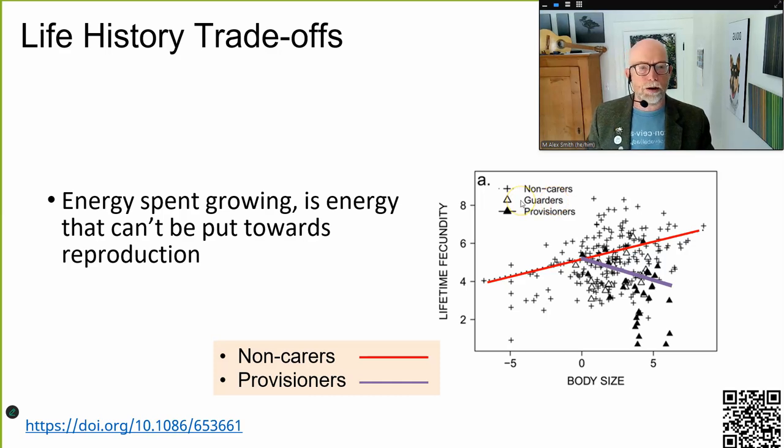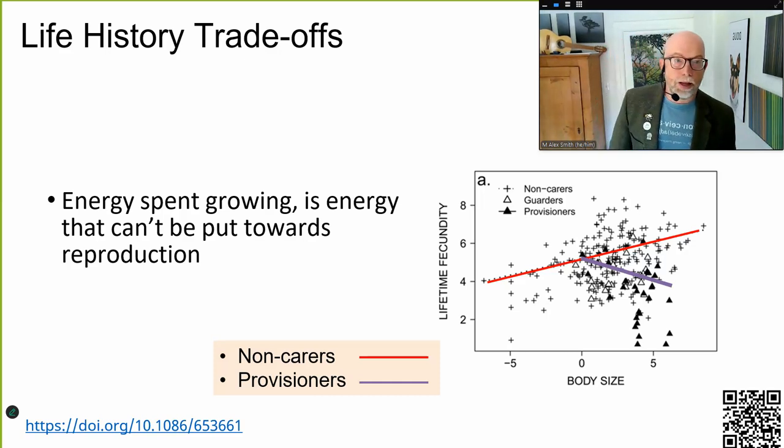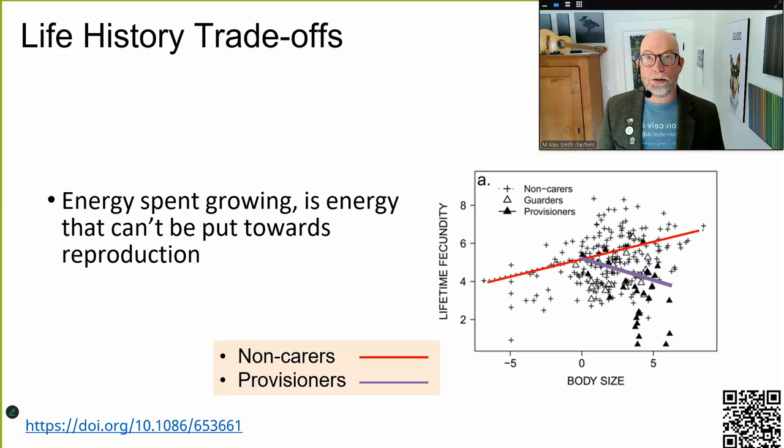So this is, imagine the garters as kind of an intermediate, but we can see that for the non-carers, that trade-off means that they can just get bigger and bigger, and their fecundity still tends to increase with size. But if you're going to care for the eggs, then larger females declined in fecundity. So their lifetime productivity was reduced.